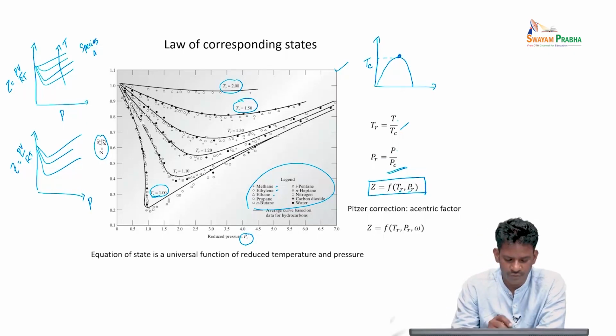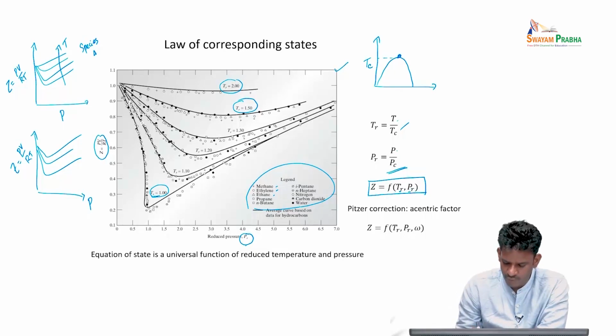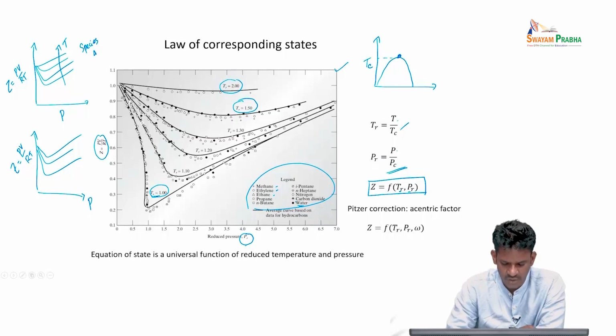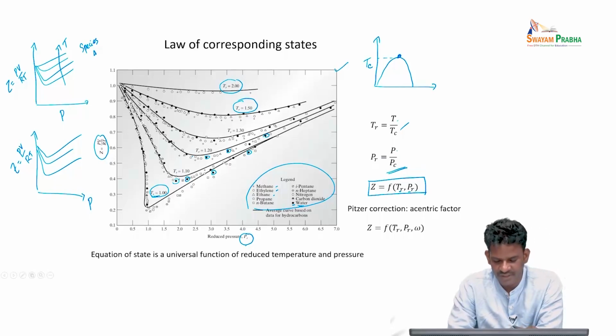Now, if you look carefully at this set of data, the behavior of water seems a little odd. The water points correspond to the black circles, and you can see that they deviate from the general behavior in many places. We know that this is because water has hydrogen bonding and is polar, and it needs a little more information than just reduced temperature and reduced pressure.